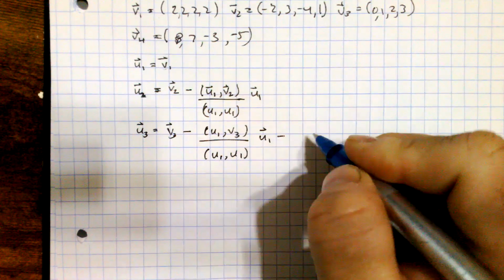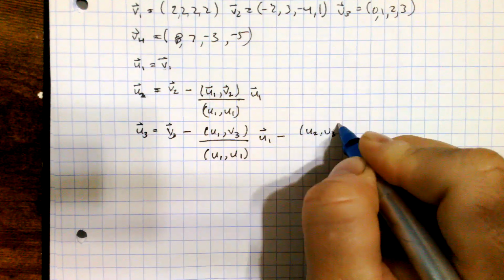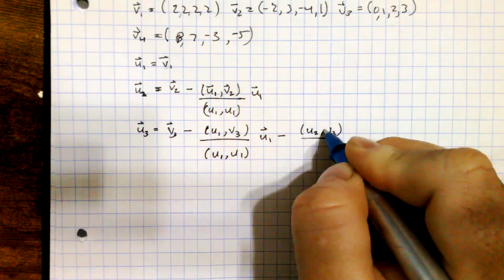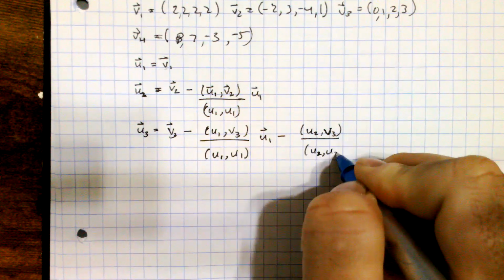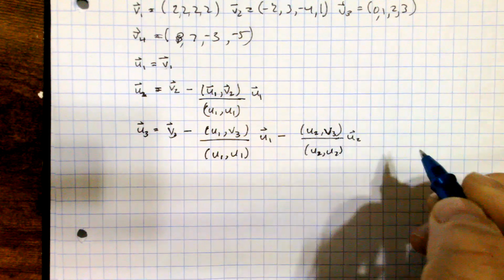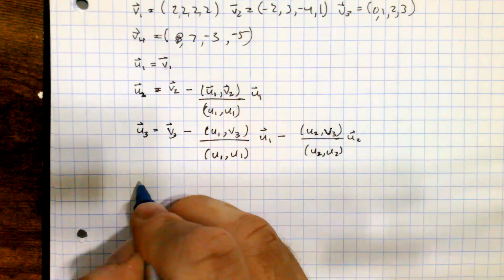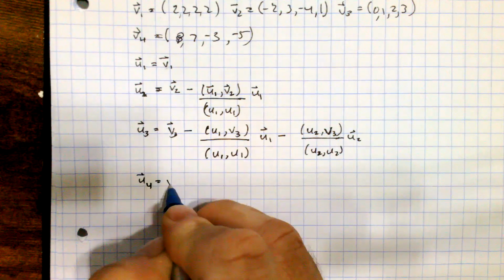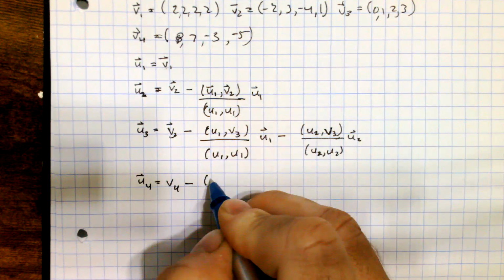Then you're going to subtract off the inner product of u2 and v3, divided by the inner product of u2 with itself, along the u2 direction. That will give you the vector u3, and finally u4 is going to be v4 minus. Can you guess the pattern yet? Yeah, you got it.